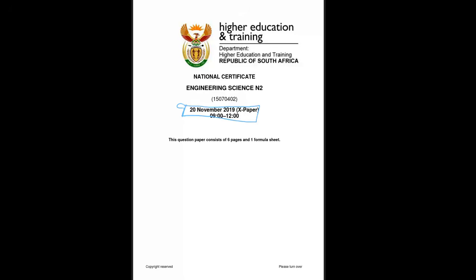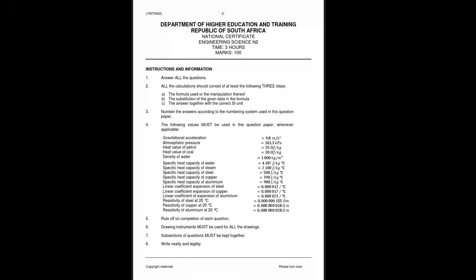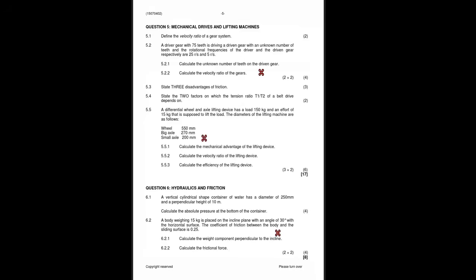So as I said, let us look at this question, which is November 2019, and I'm focusing only on friction. Remember, your information sheet is where you will find some instructions as well as some of these constants or data information that you need whenever you are answering your paper, but we're going to come to these whenever we need them. The question that I'm interested in is question number 6.